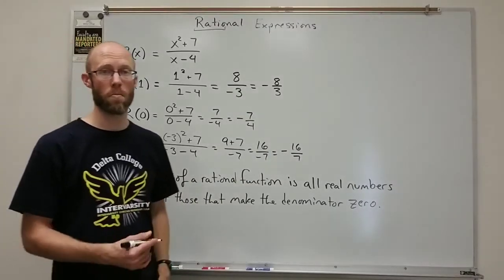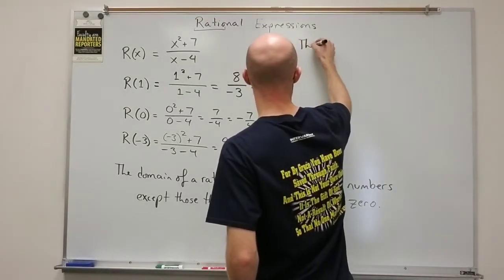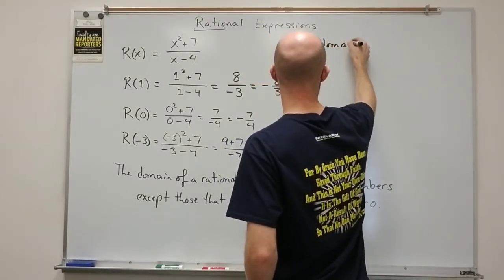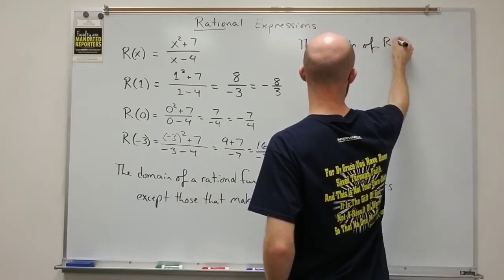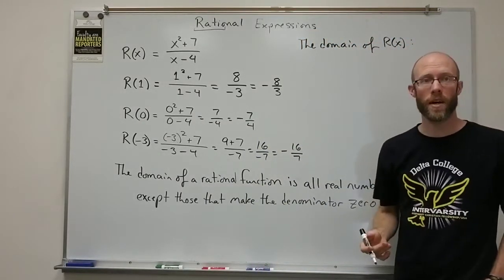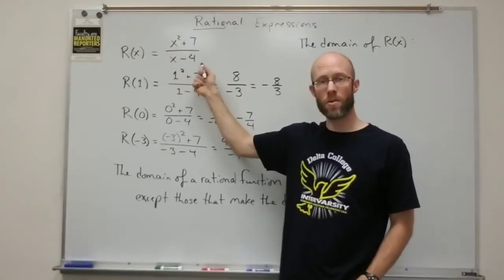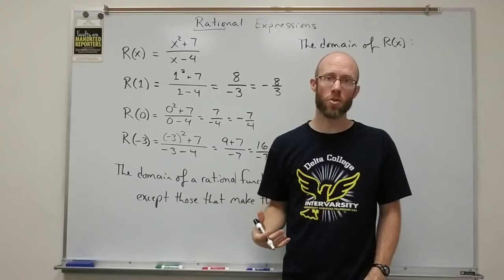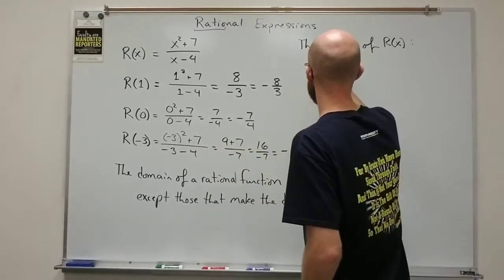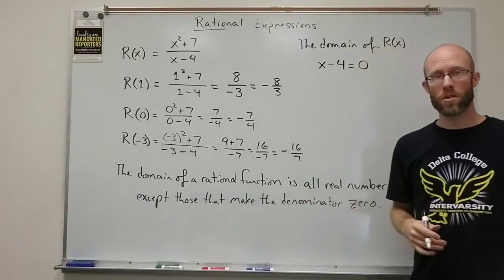Now let's look at the domain of R of x. Again, the domain is found by finding all values that make the bottom 0 and excluding them. So in this case, I would take x minus 4, set it equal to 0, and solve.